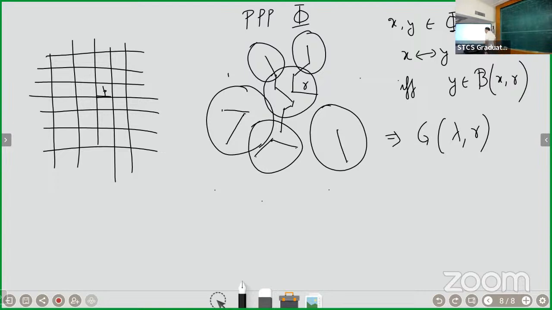We know something about branching processes also. When does the branching process go extinct? It has something to do with this. If you start from a particular node, how many neighbors do you have on average? Lambda pi r square. But once you count some of them, for the new guy, is it larger than that or smaller than that?